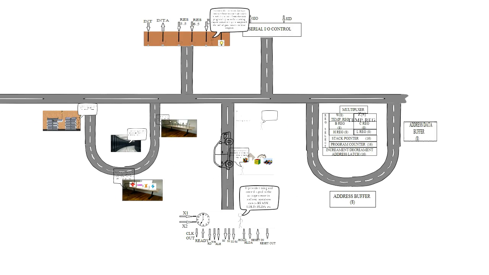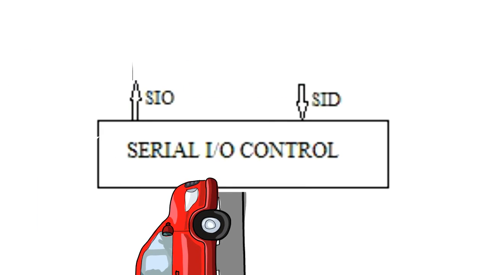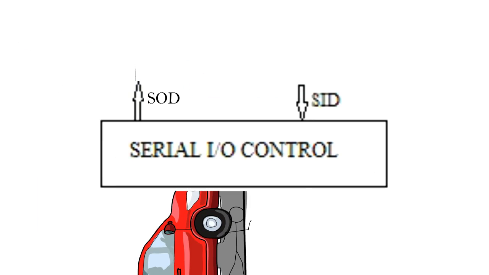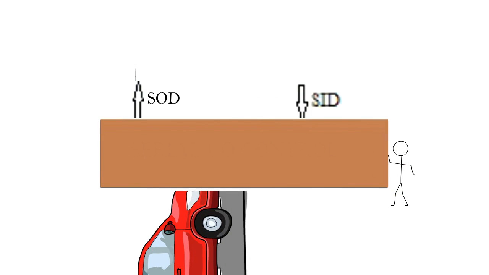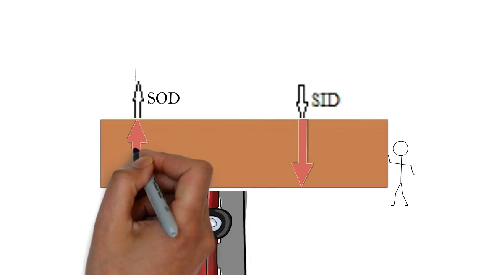After the timing and control unit, the next unit we'll be taking you to is the serial input-output control unit. So friends, here it is, the serial input-output control unit. Let's get into it to see it. By means of some animation, we have tried to help with the serial communication within the microprocessor.